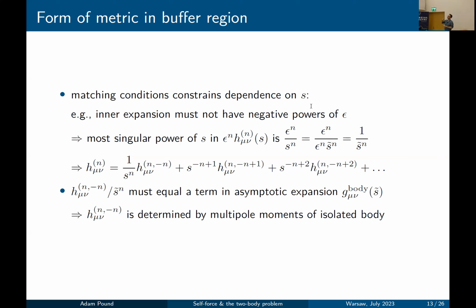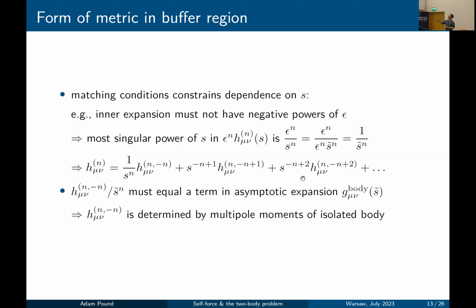Then what that means is we have a constraint on the most singular power of s in the outer expansion. Now, how do we see that? Well, if we take epsilon to the n over s to the n, so this is what we have in the outer expansion when we take h and re-expand for small s near the body, then rewrite that in terms of s tilde. And remember that we are not allowing any negative powers of epsilon at fixed s tilde.